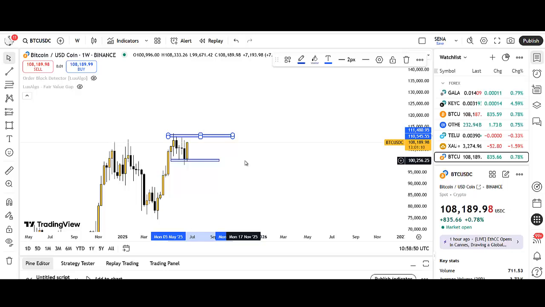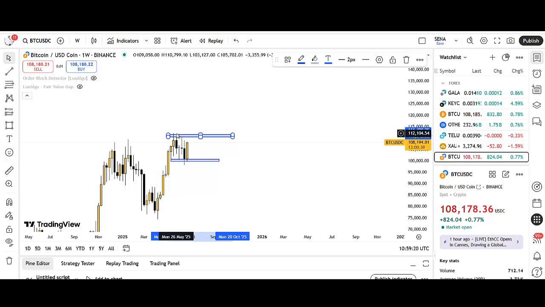And then the area where it looks like the market is resisting, that's your resistance. And so once you take the weekly time frame and look at the weekly candles, you see that for the last 7 weeks, the market is not able to come past this particular area. And then at the top, the market is also not able to go past this area. And so that is your resistance, and this is your support.